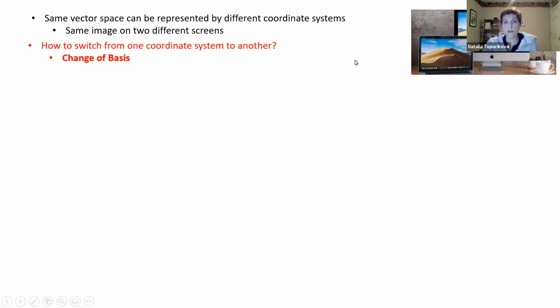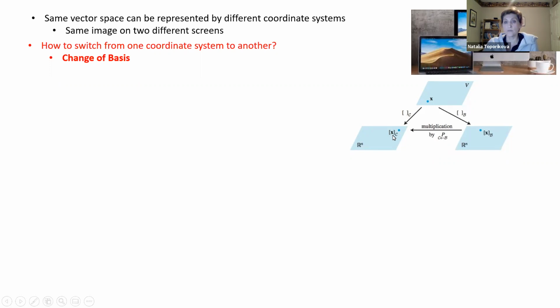Usually, it's done by changing of basis. So you have one basis in your original vector space. Using the basis xc, for example, you can go to another vector space Rn, going to another basis xb, but you also can move between the two-dimensional subspaces.